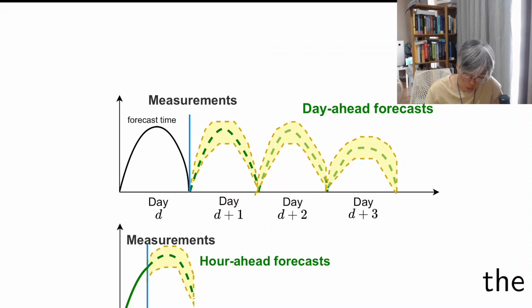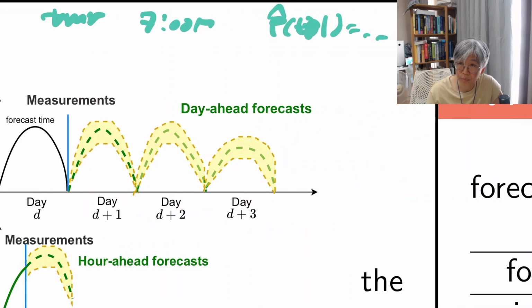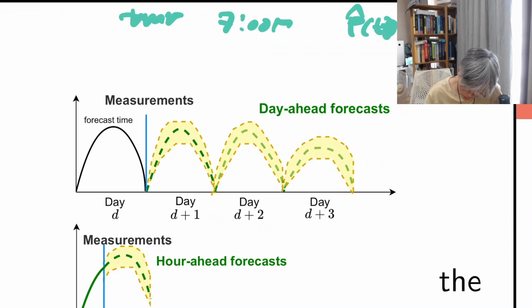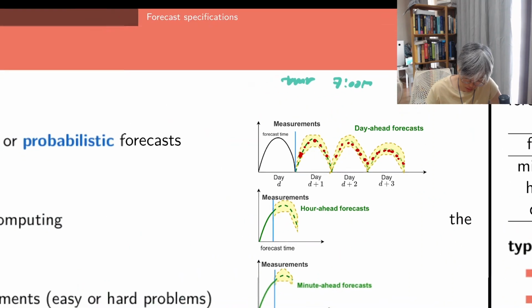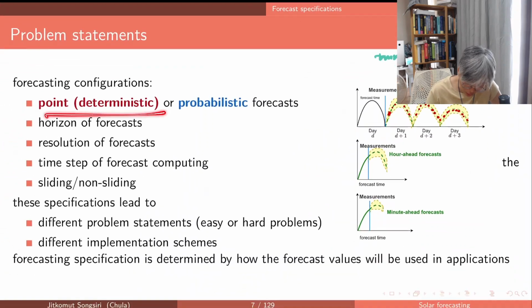For example, you're going to tell that tomorrow at 7 a.m. your p hat is going to be some value. So a point forecast is something that maybe you can mark on the green line, where I'm giving you a point of solar power at different times in the future. This is what we mean by point forecast.